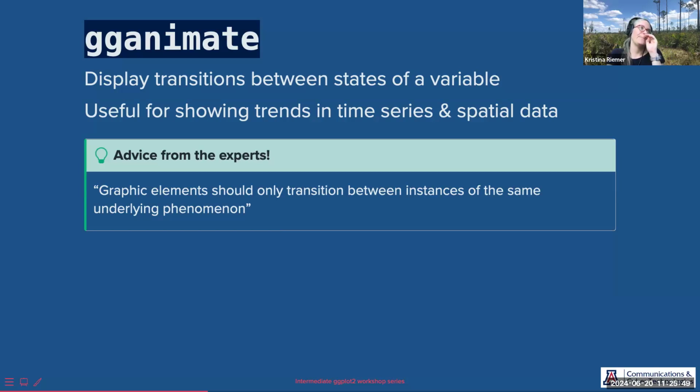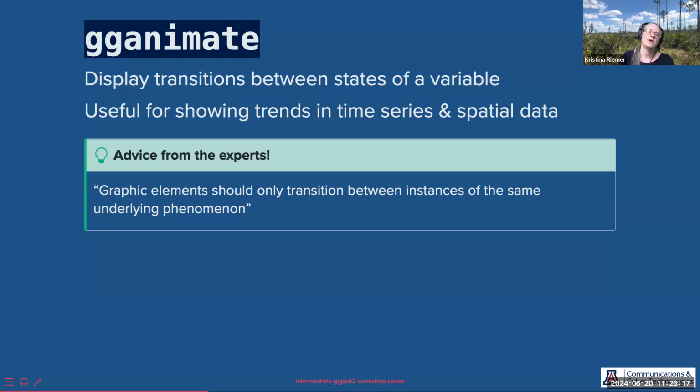Okay, so the second package that we're going to demo that extends the functionality of ggplot is called GG Animate. This is a really fun package and can be really useful. Basically, it takes multiple plots that you could make in ggplot and stitches them together into an animation or a video. You can actually save them out as GIFs. It's a really nice visual way to look at how data changes.